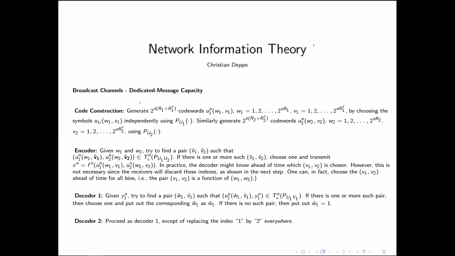If there is no such pair, then just put out one. And decoder 2 proceeds as decoder 1. You only have to replace the index 1 by 2 everywhere.